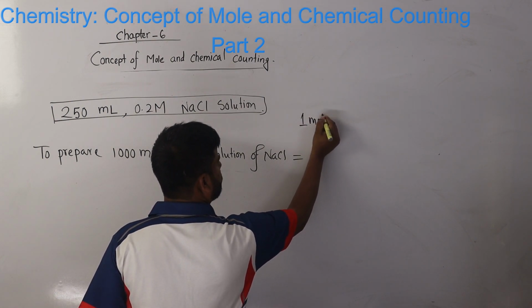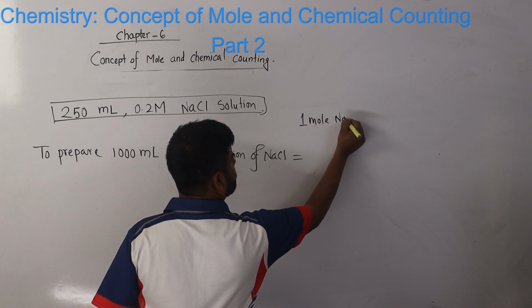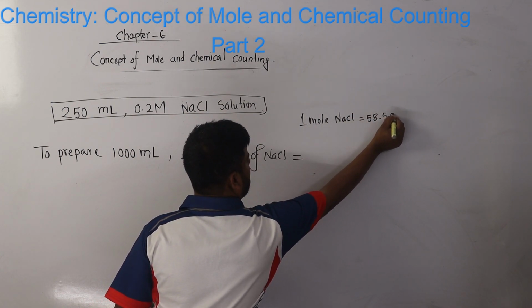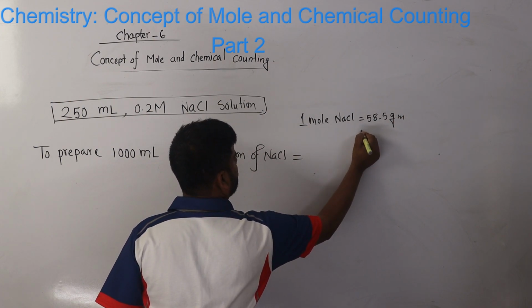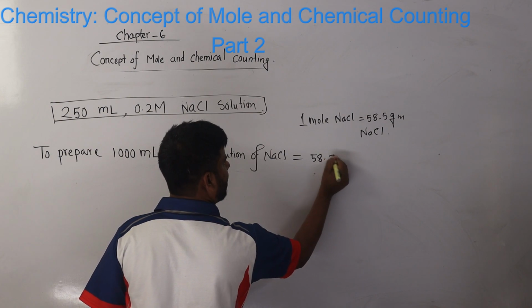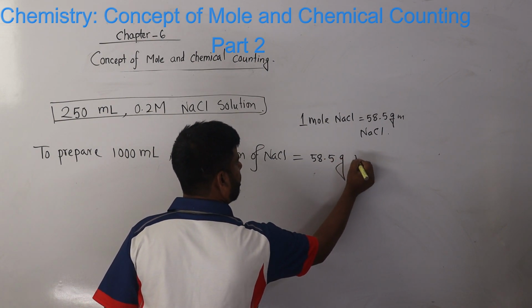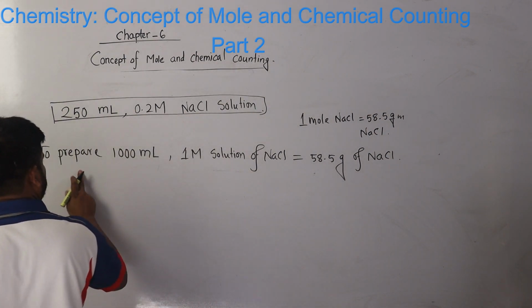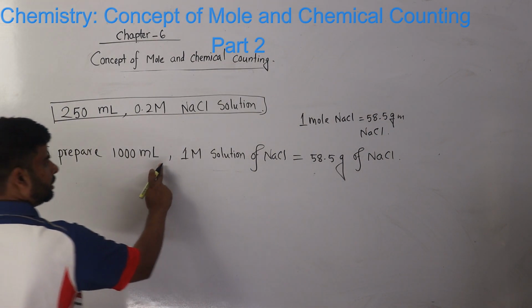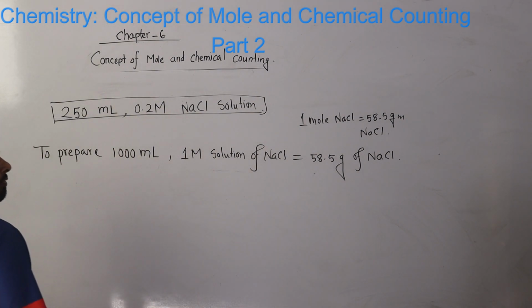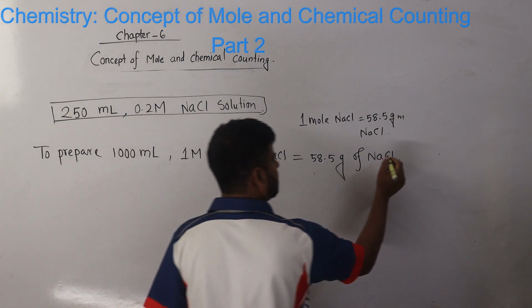We know 1 mole sodium chloride equals 58.5 gram sodium chloride. So to prepare 1000 milliliter 1 molar solution of sodium chloride, 58.5 gram of sodium chloride is required.